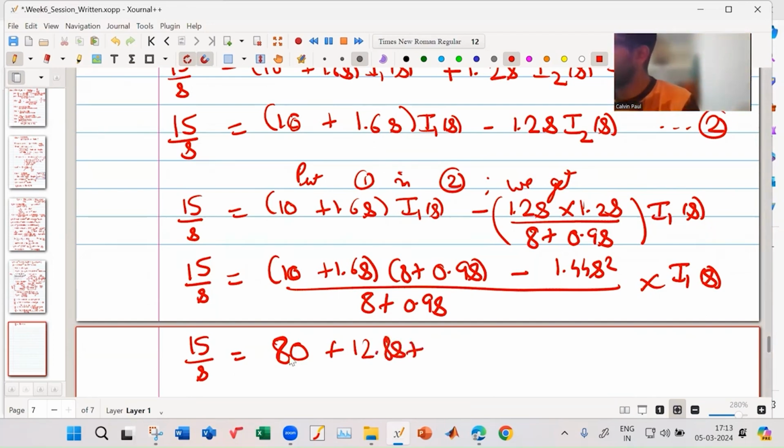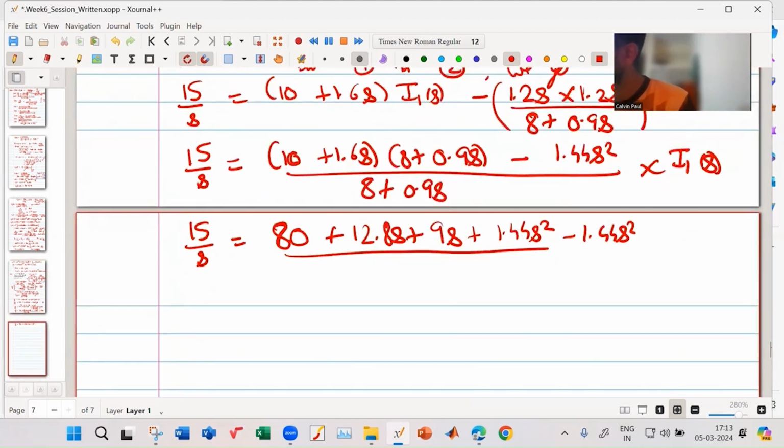What is 0.9s into 10? It is 9s. And 0.9 into 1.6 is 1.44. So it is 1.44s squared minus 1.44s squared divided by 8 plus 0.9s into I1 of s.